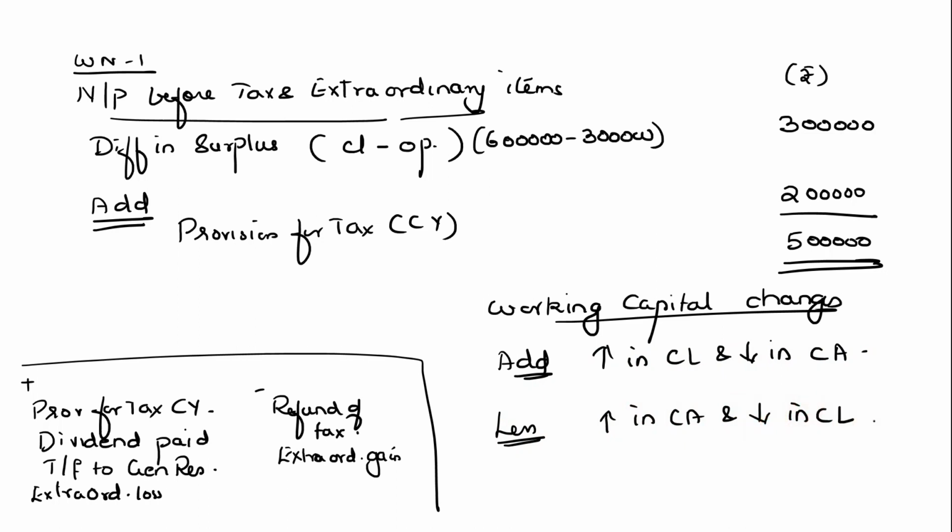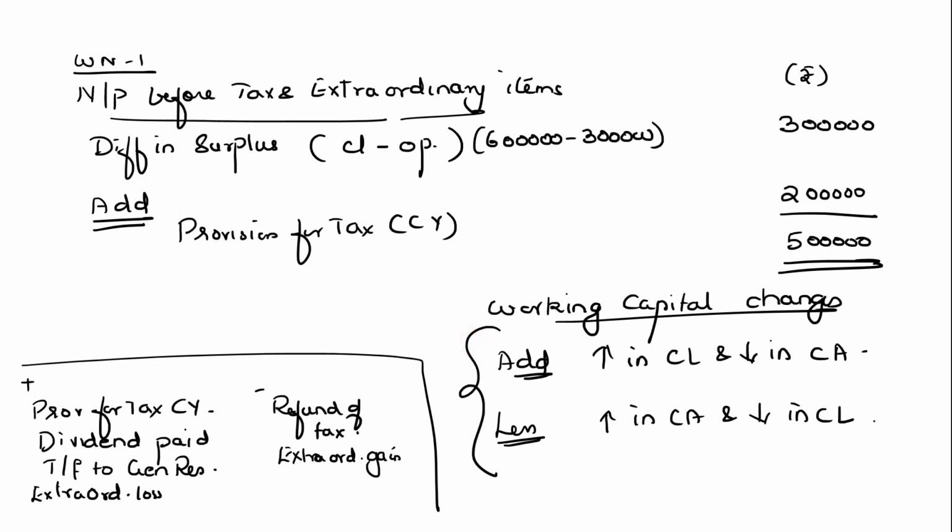Whenever current asset decreases, it means there's an inflow, or if current liability increases, it means you have not allowed an outflow to take place. So that is why it's an add. Whereas if current asset increases, you are not able to have an inflow because your current assets have increased, it is not coming in as cash. And when current liabilities decrease, it means you're paying off some liability, so there's an outflow. That is why subtract. So please note this down.